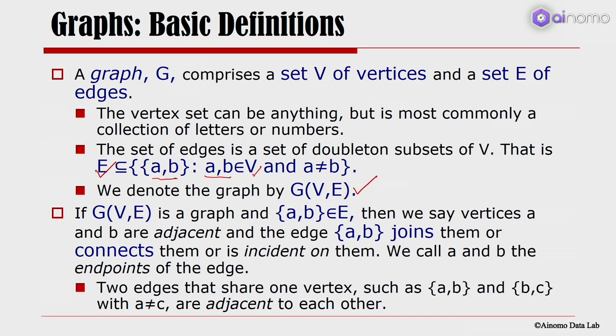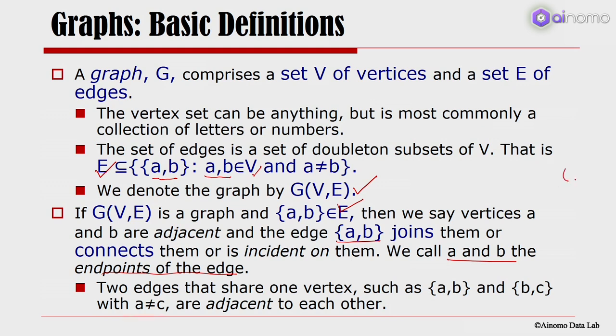So if a graph is given and I know its edges, then we say vertices A and B are adjacent if there is an edge AB that joins them in the graph, and we call A and B themselves the endpoints of the edge. Two edges that share a vertex are also adjacent.